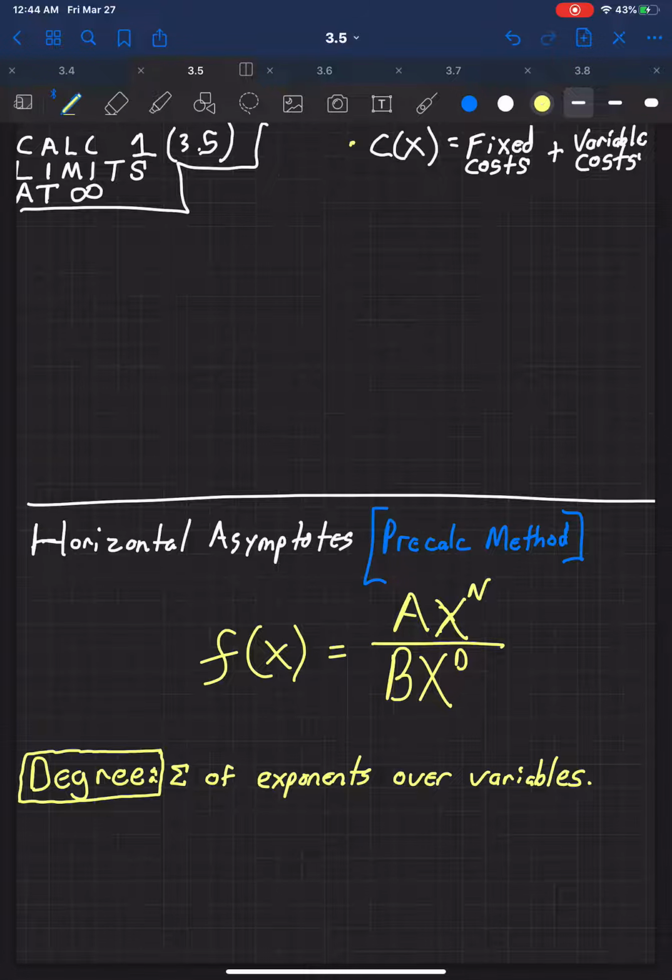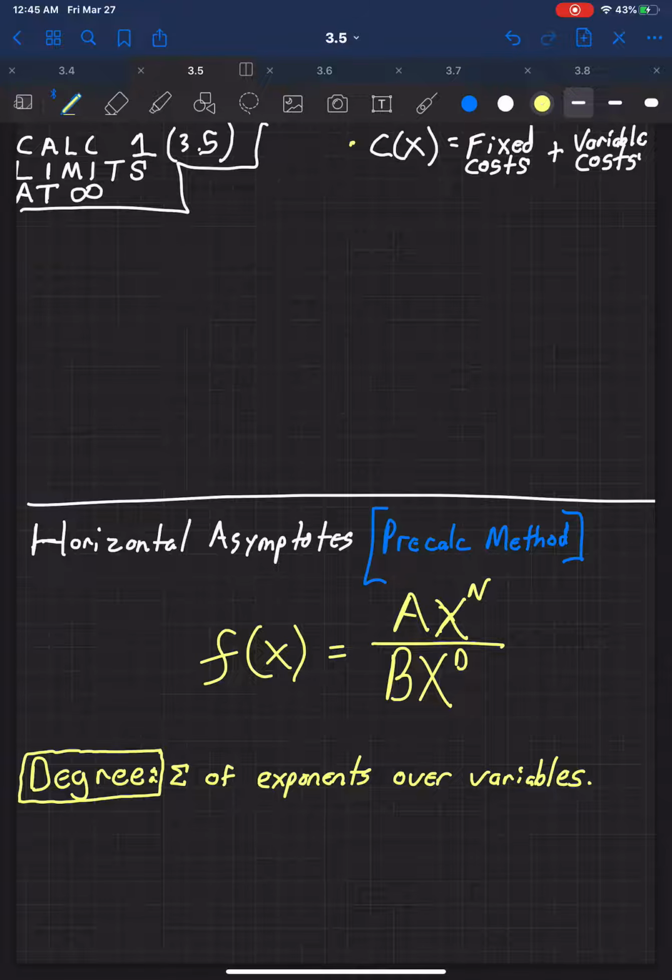Right, so the total cost for the units that you produce or the service that you provide is going to be equal to the sum of either fixed costs or variable costs. So a fixed cost might be your warehouse lease, right?